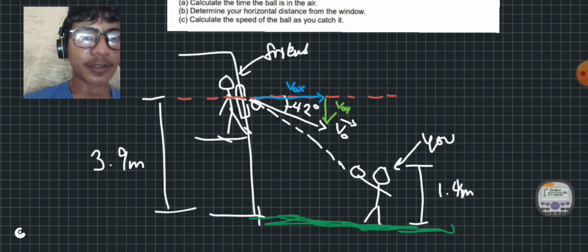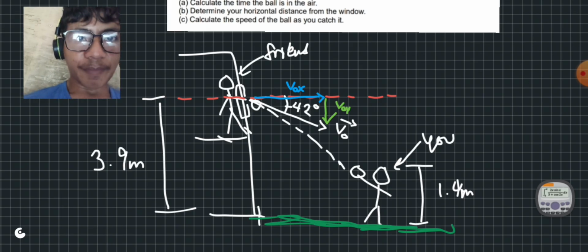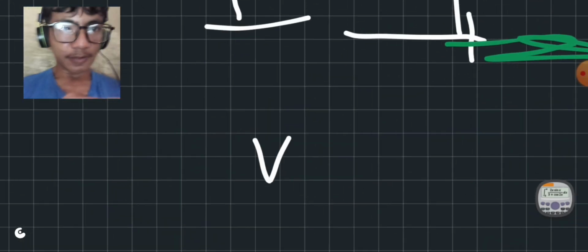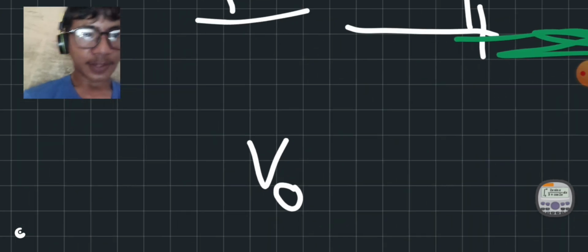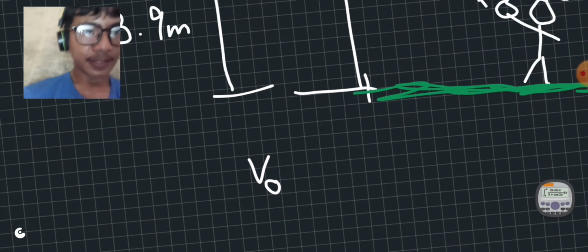Okay, so in any projectile motion problem, always know your initial velocity. So what does the problem tell us about its initial velocity? So we go back.